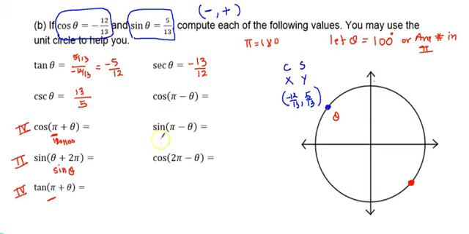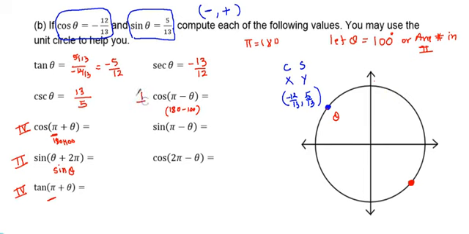Okay, so now these are interesting: pi minus theta and 2 pi minus theta. Remember we said pi is 180, theta is 100. So what will this be? 180 minus 100. Just mentally make the connection. 180 minus 100 is 80 degrees, and 80 degrees is in the first quadrant.